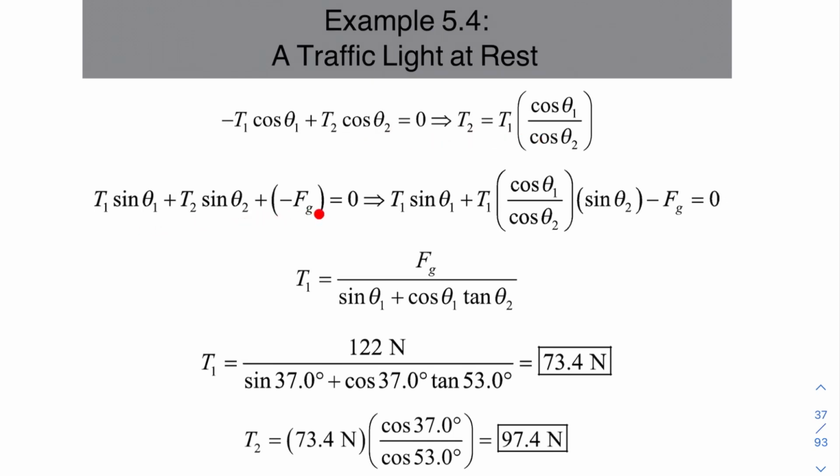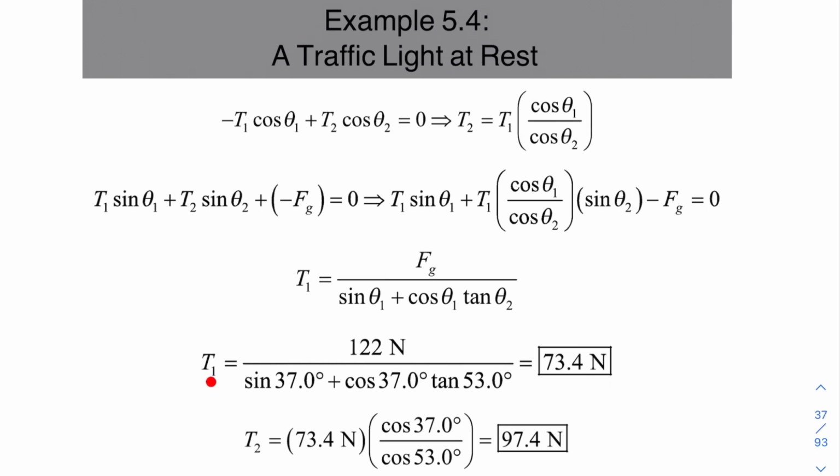This is the equation for the y component. Make T2 the unknown from the x equation, then substitute into the y component equation. So substitute it here, and then you simplify or solve for T1. You will get 73.4 Newton.